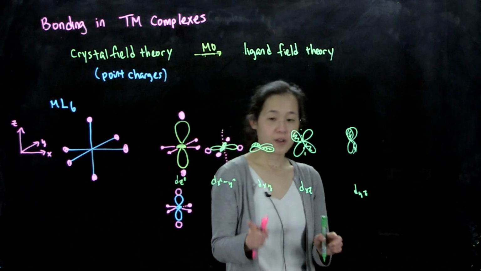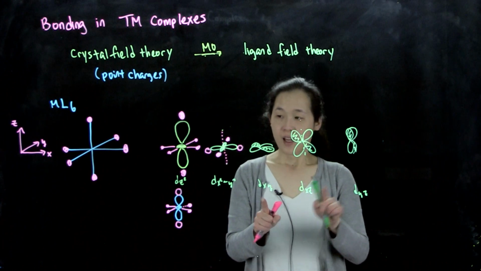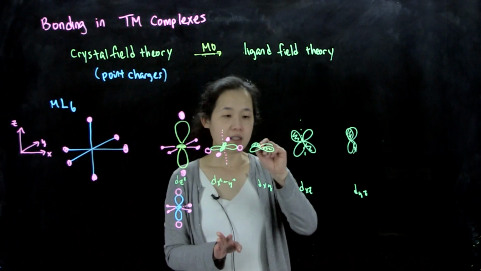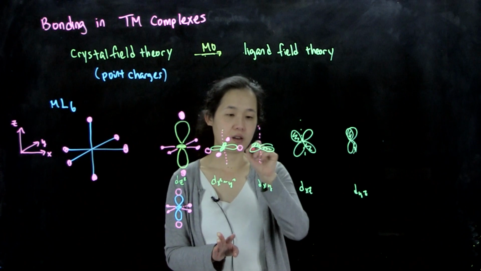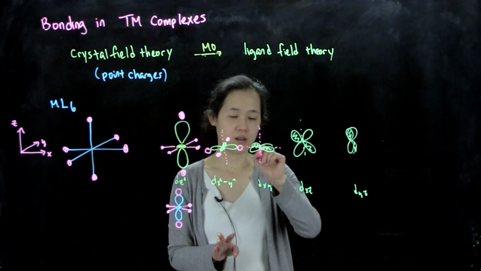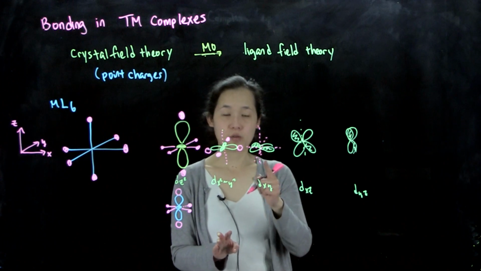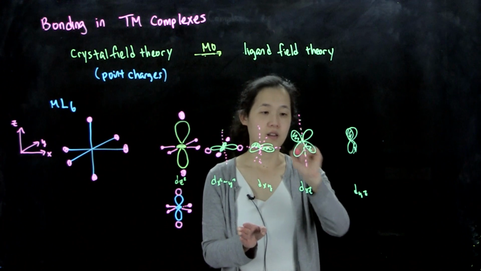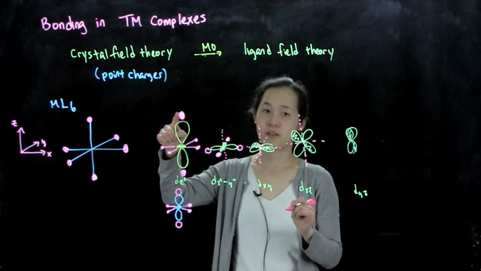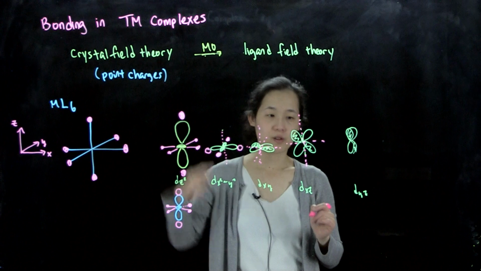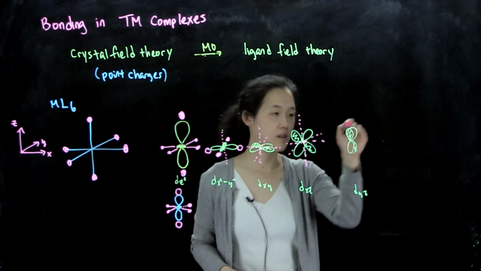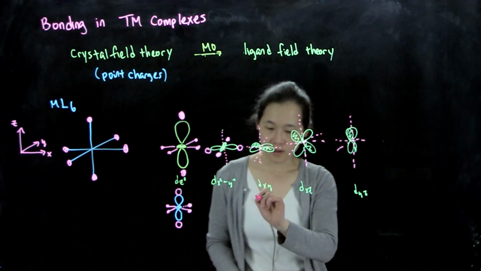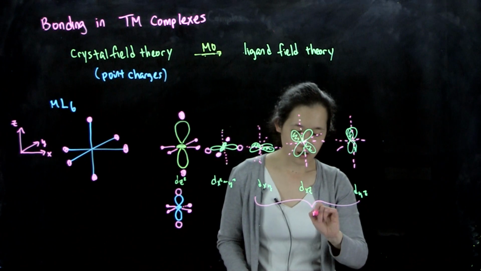Okay. For the dxy, dxz, and dyz orbitals, all our ligands are pointed down the nodes of these orbitals. So there is no interaction, whether you think about point charges or sigma bonding s orbitals here. So these have no interaction.